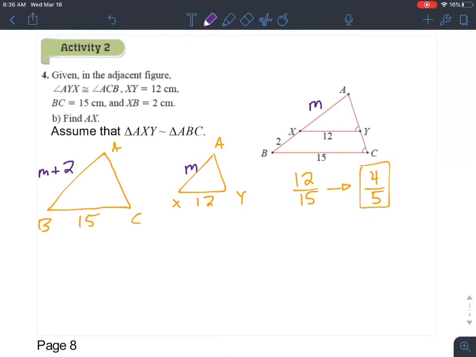We should go ahead and set up our ratio then, and we know that it's supposed to be the right divided by the left, so M divided by M plus 2. And since these two triangles are similar, that ratio must be the same as the scale factor.